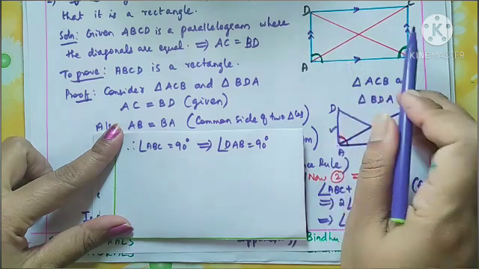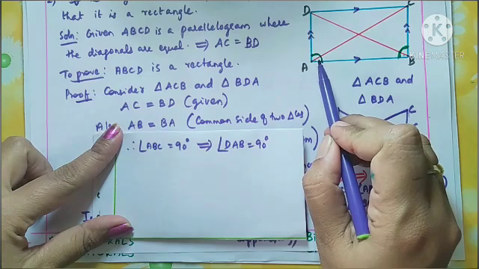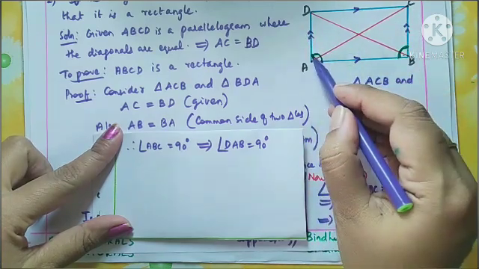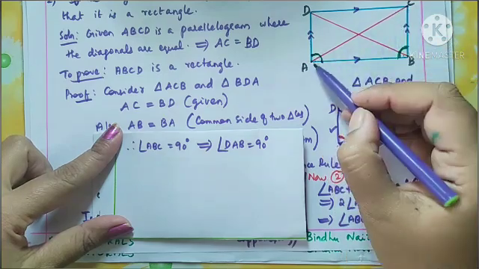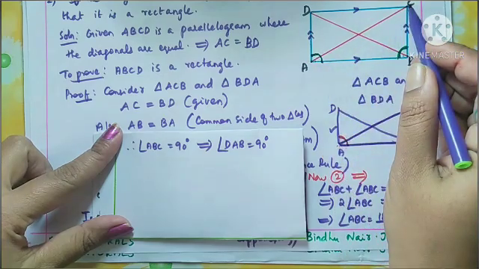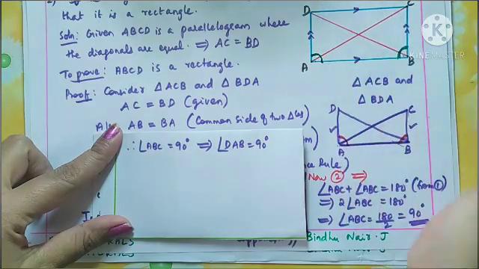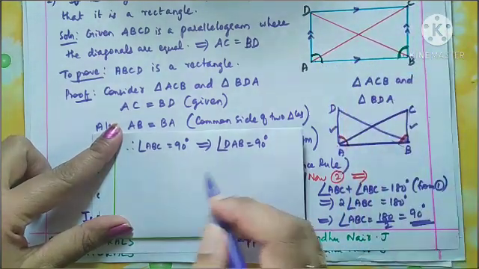So in a parallelogram, if one angle is 90 degree, you know all the angles. That is, if this is 90 degree, opposite angles are equal. Therefore, angle C is also 90 degree. If this angle B is 90 degree, then its opposite angle D is also 90 degree. Hence, we got each angle 90 degree.